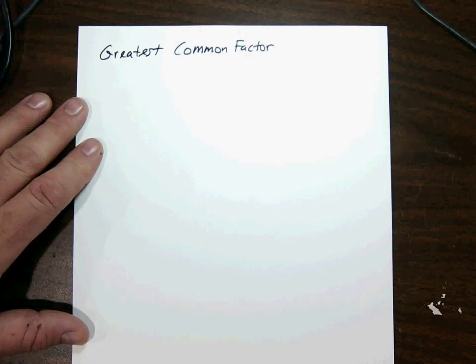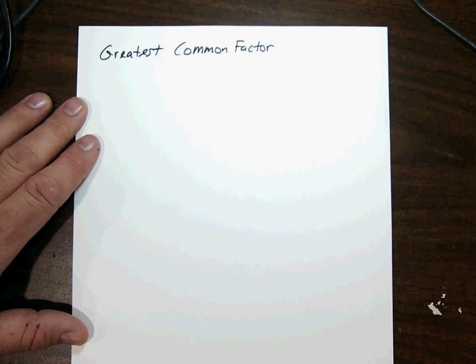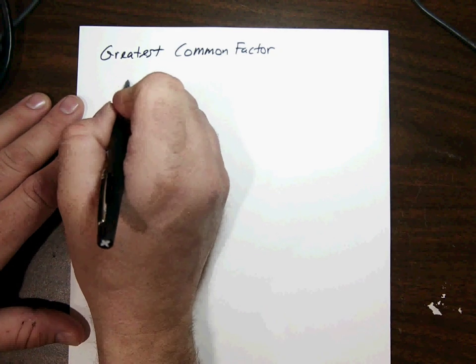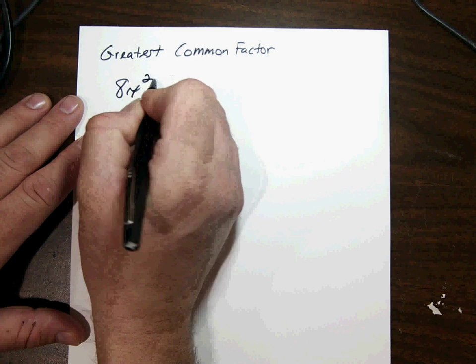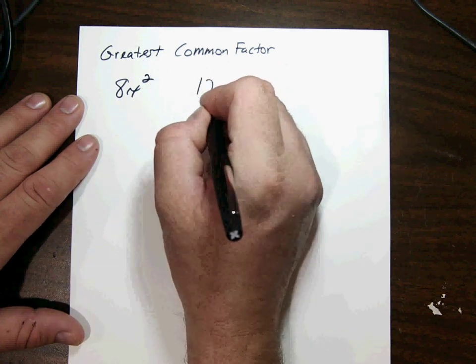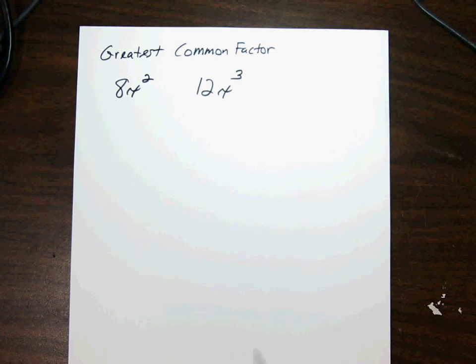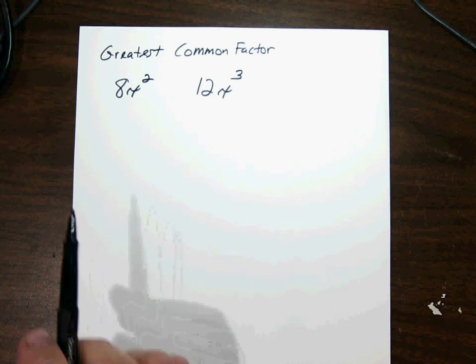Okay, greatest common factor. Factors are smaller things we can multiply together to make a bigger thing. So let's just say I've got an 8x squared and a 12x to the third. And I wanted to find the greatest common thing between these two things.